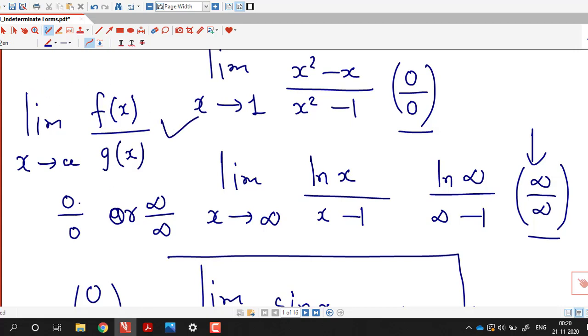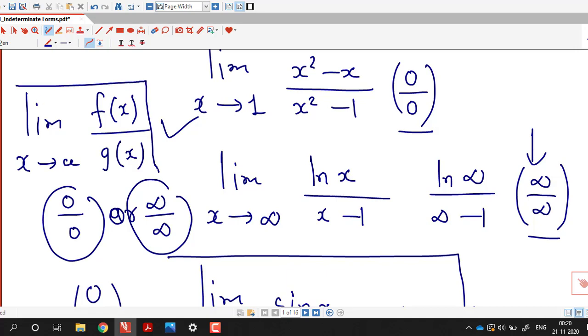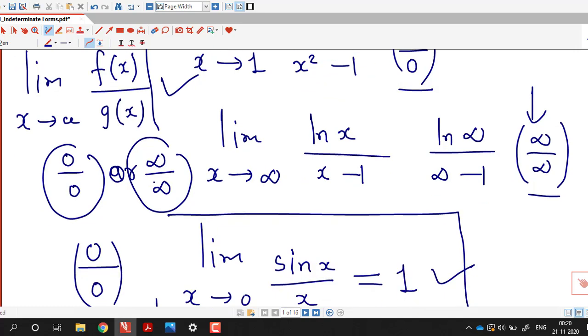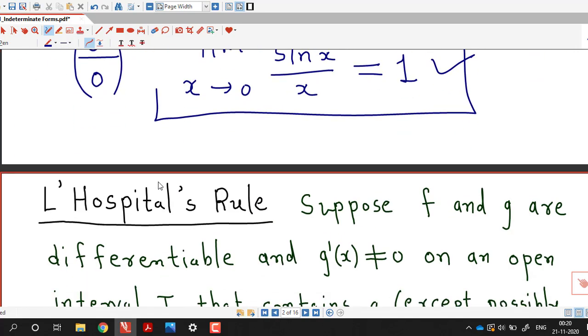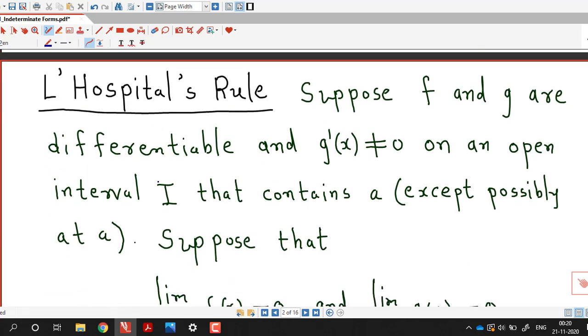If we have indeterminate forms of these two types, either 0 by 0 or infinity by infinity, then we have one rule known as L'Hospital rule. Using that rule we can easily evaluate this type of limits. So first we see what L'Hospital rule is.